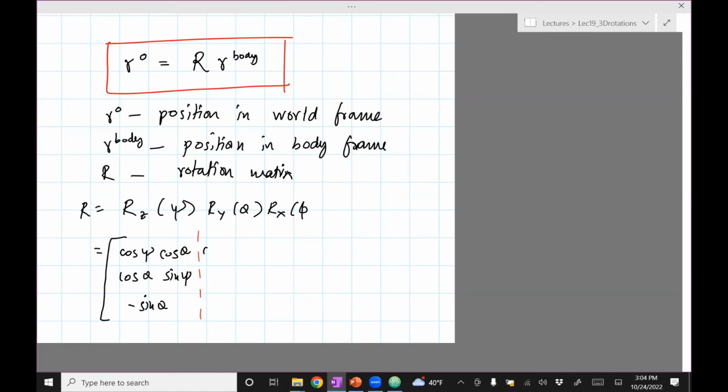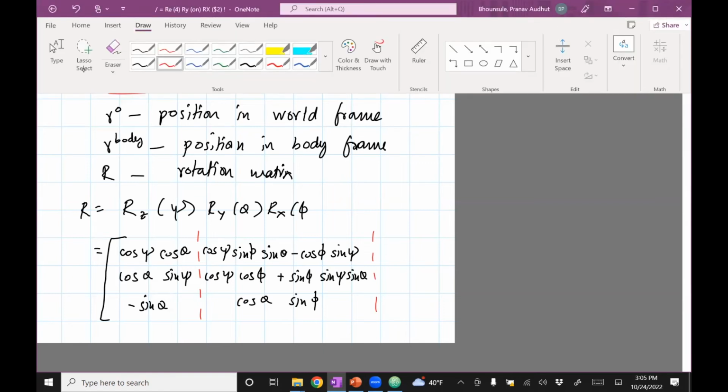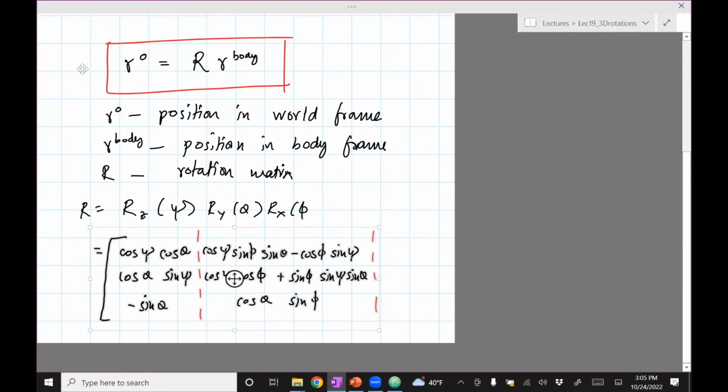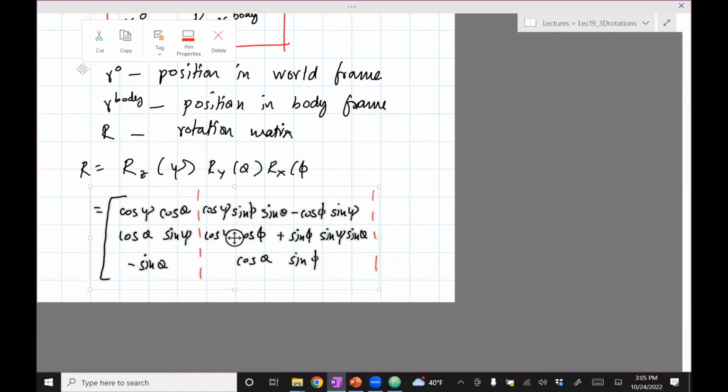The second column is cos psi sine phi sine theta minus cos phi sine psi, then cos psi cos phi plus sine phi sine psi sine theta, and cos theta sine phi.